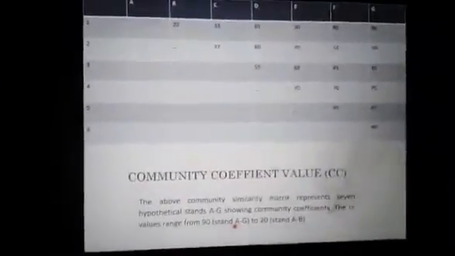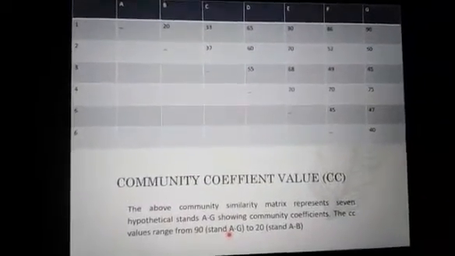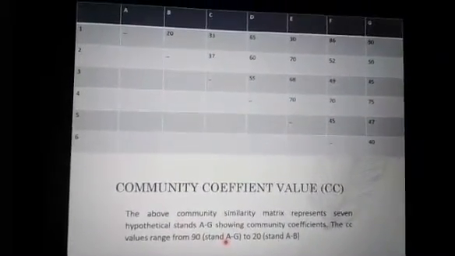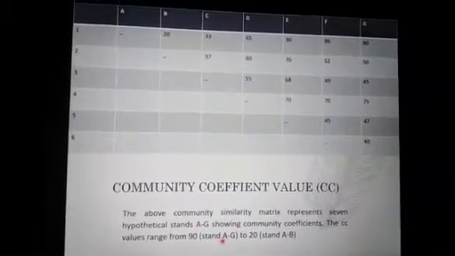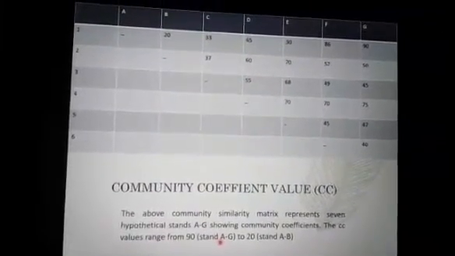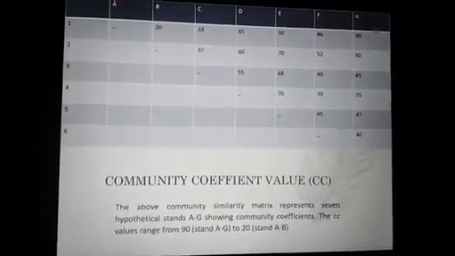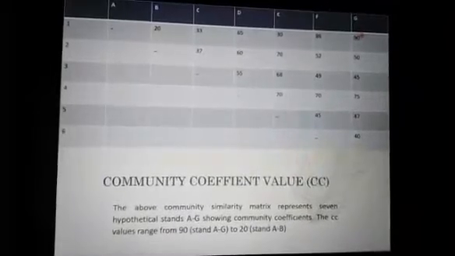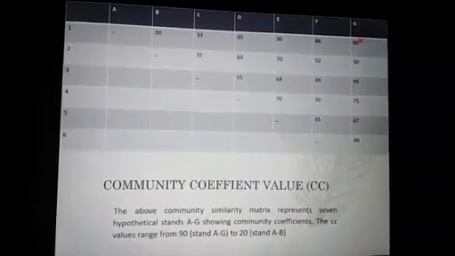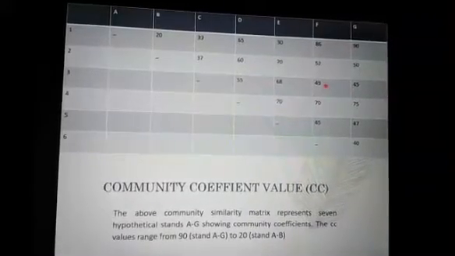So this is how it would appear, the community coefficient values. The above community similarity matrix represents 7 hypothetical stands, which are stands A to G. They are showing the community coefficients, different numbers there, which you see.